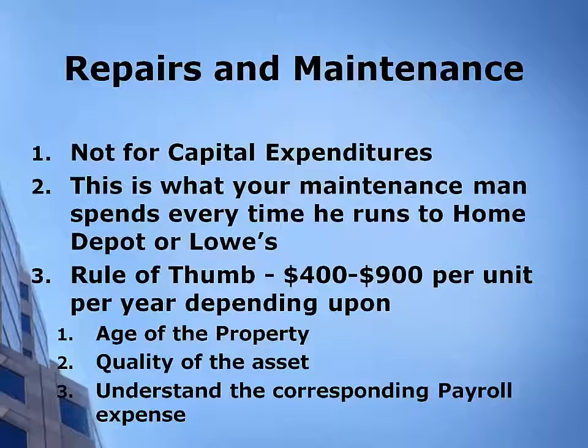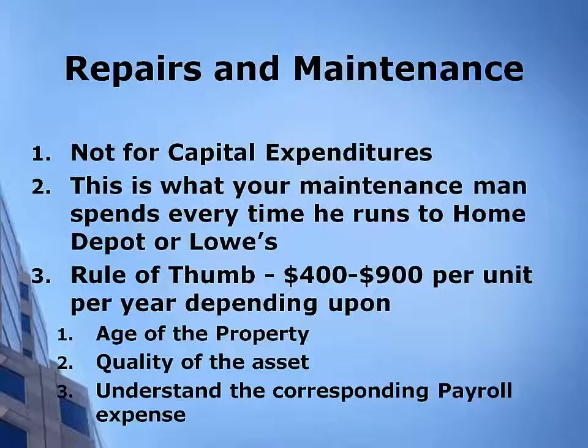Now let me explain this last bullet point regarding understanding the corresponding payroll expense. What do I mean by that? Well, if you are dealing with a Class C property and your maintenance guy is spending $900 per unit per year on repairs and maintenance, one guy cannot do that all himself. So that means that your payroll, your staff, has to be larger. And therefore, there should be a corresponding increase in the payroll.